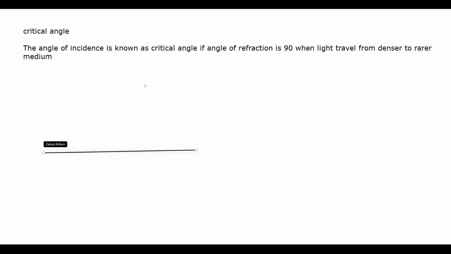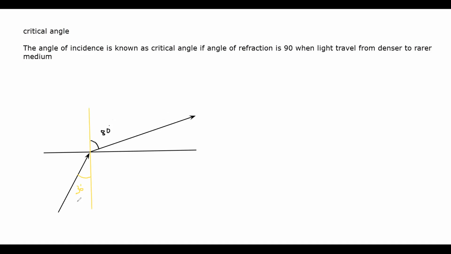So, for example, a light strikes at an angle of 30 degrees from the normal. This angle was 30 degrees and it refracts, changing direction, bending away from the normal with an angle of 80 degrees.